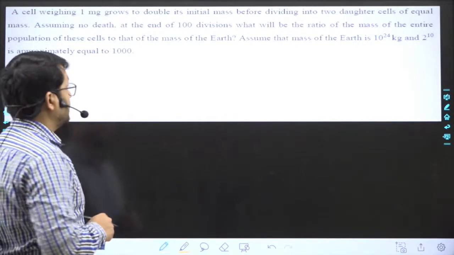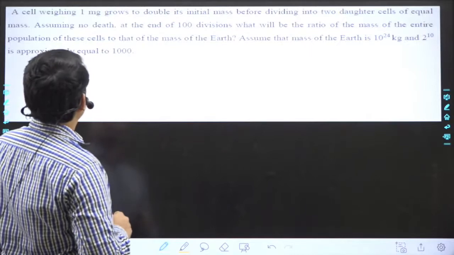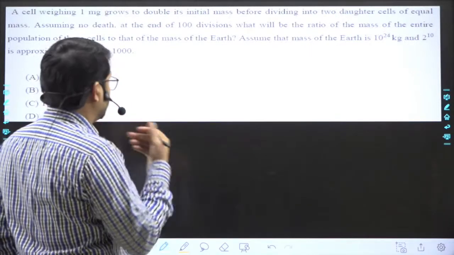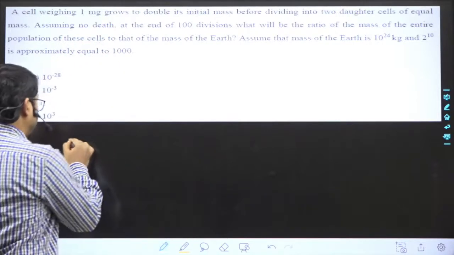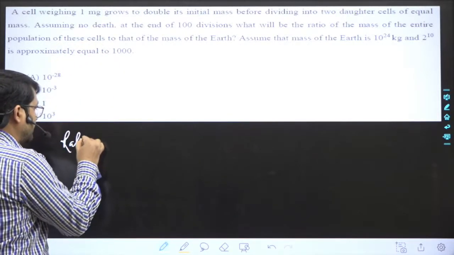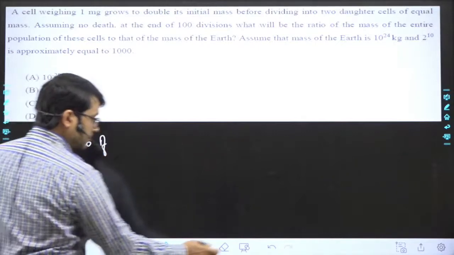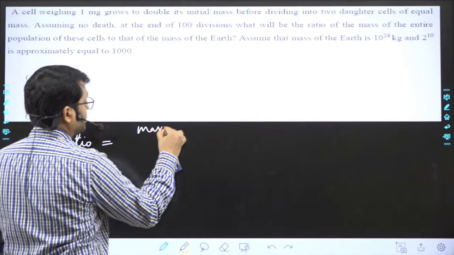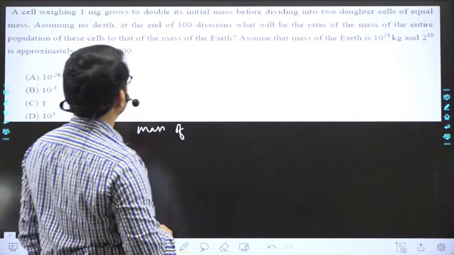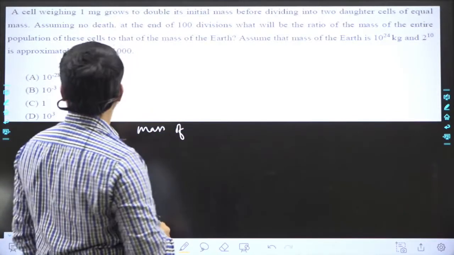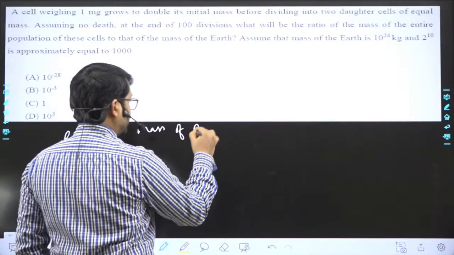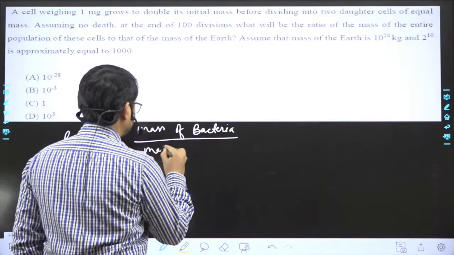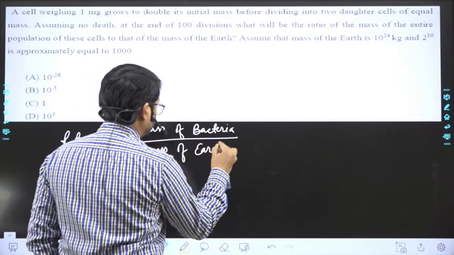I can see Akhil is saying C. So what is the question asking? It is asking for a ratio. The ratio of what? Mass of bacteria upon mass of Earth.